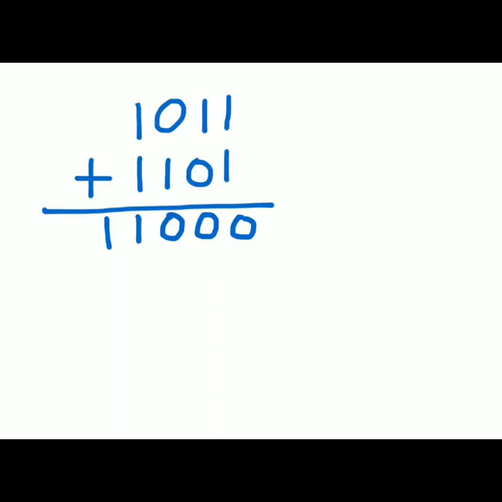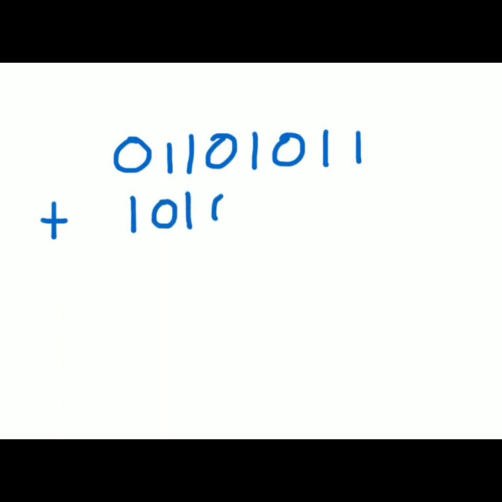And if a column has three 1s, you carry the 1 and you drop down a 1. Now let's look at this again with a different example. So I'm going to write out a longer binary number and let's see how this works.